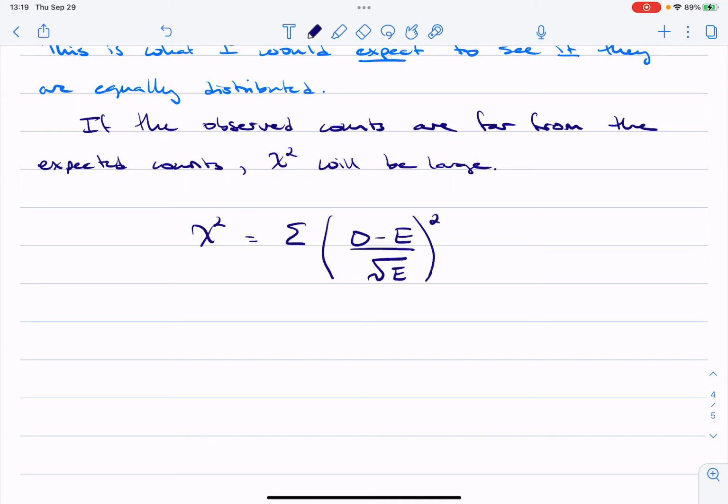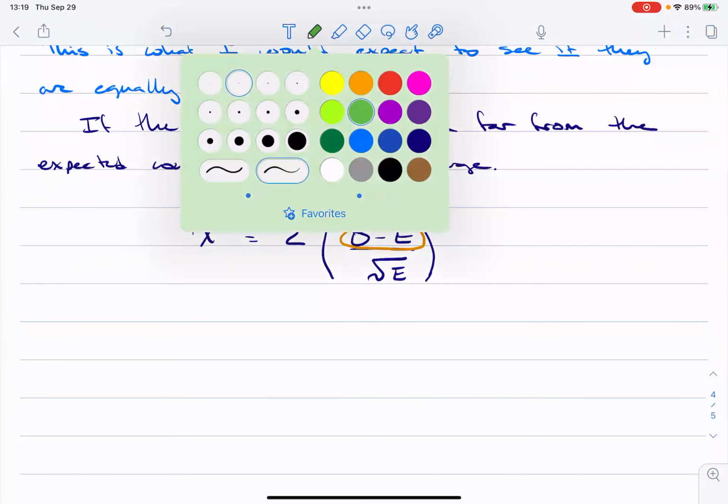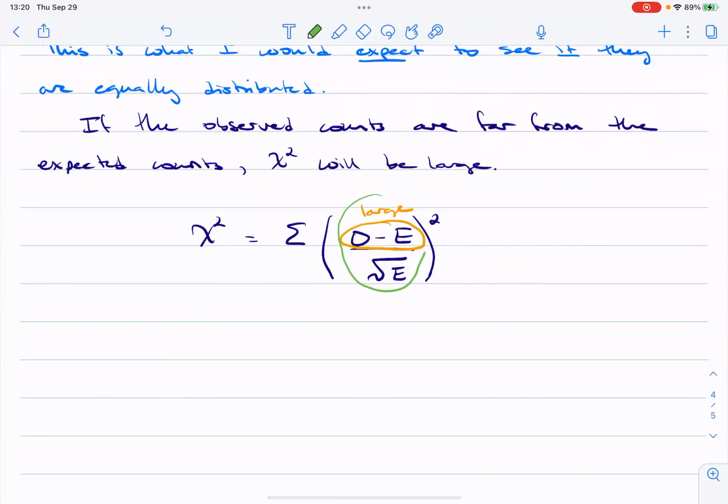So let's start here. If this is large, then dividing by the expectation is also going to be larger, because the expectation would be the same regardless of your observed counts.